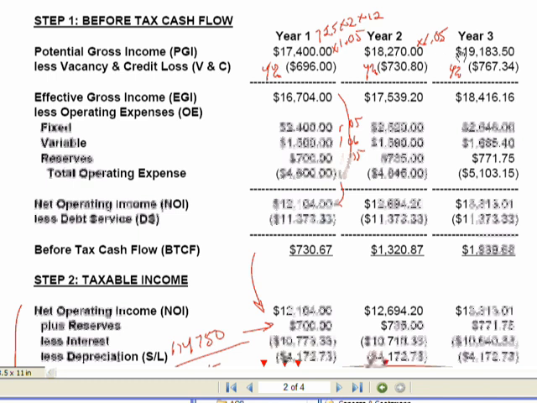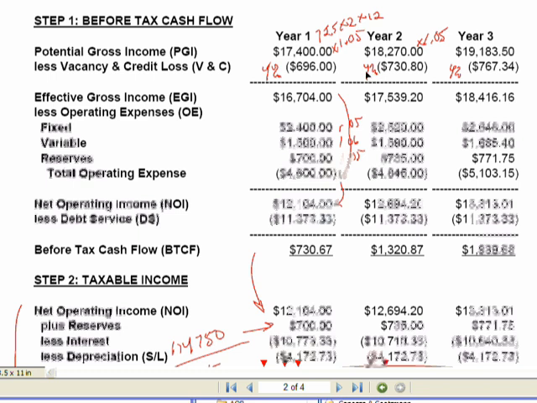Now, while you're at it, you might want to continue on to year 3, and to go from year 2 to 3, that's just another 5% increase. So take 18,270, multiply it times 1.05. That will increase it by 5% to $19,183.50. So we just completed PGI for years 1 through 3. Going back to year 2, the vacancy and credit loss assumption holds at 4% of PGI.